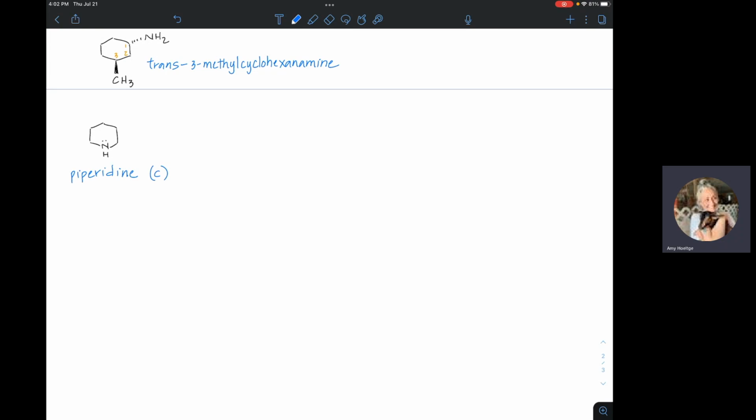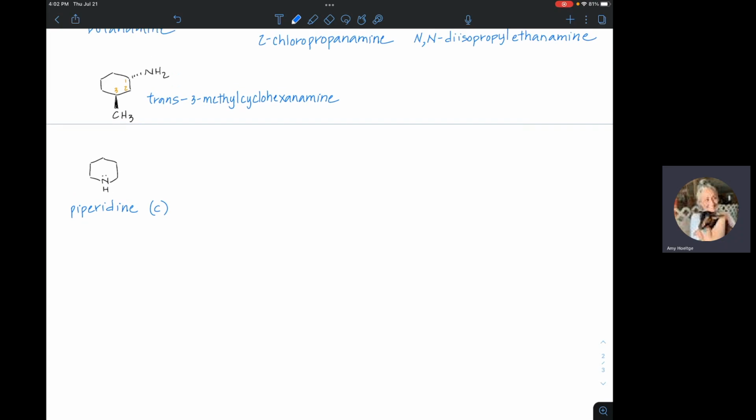The systematic nomenclature would be to identify that you have a 6-membered ring. So it would have been cyclohexane, right? And to indicate that the nitrogen is actually part of the ring. So see up the top here, we've got cyclohexanamine, or in other words, if this was common nomenclature, cyclohexylamine. But the amino group is on the outside. It's bonded to the ring. In the heterocycle, the nitrogen is part of the ring. So this is named a little differently.